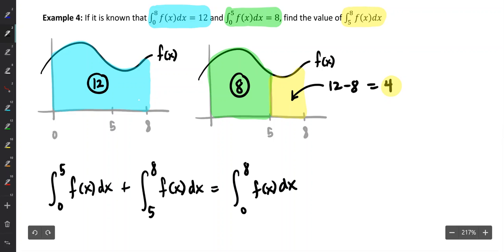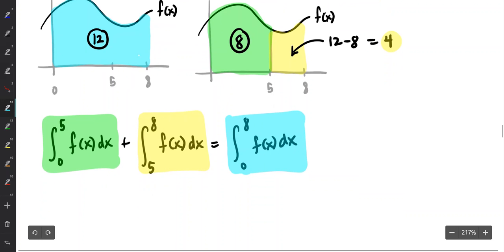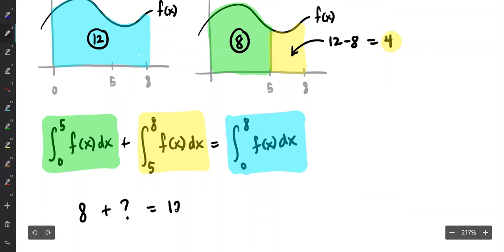And we were given this one to be 8. We were asked to find this one, and we were given that this one is 12, right? So you could also approach it that way by just saying 8 plus what is 12. Okay, so without drawing a picture, you could also answer this question.